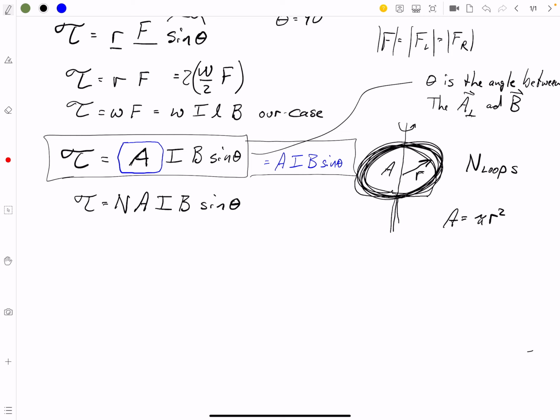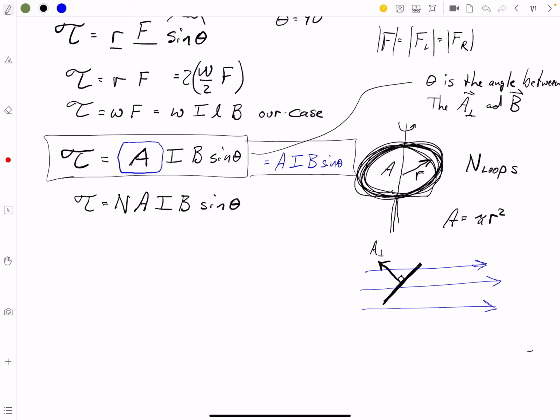And so then as that loop, let's do a top-down view. So here's a bunch of loops right here in this angle. If we have our B field cutting across like this, the normal to the loops is perpendicular to the loops, and the area of the loop, that vector is A perp.